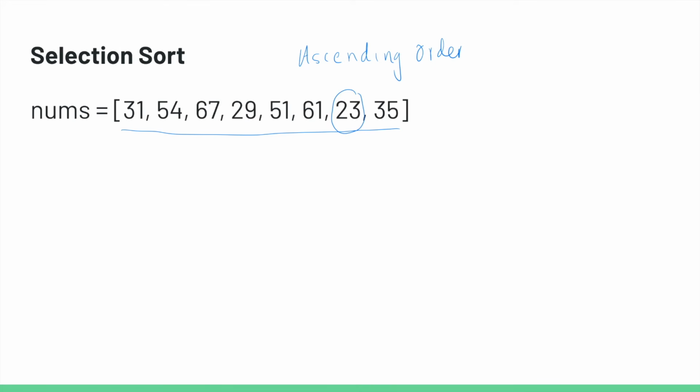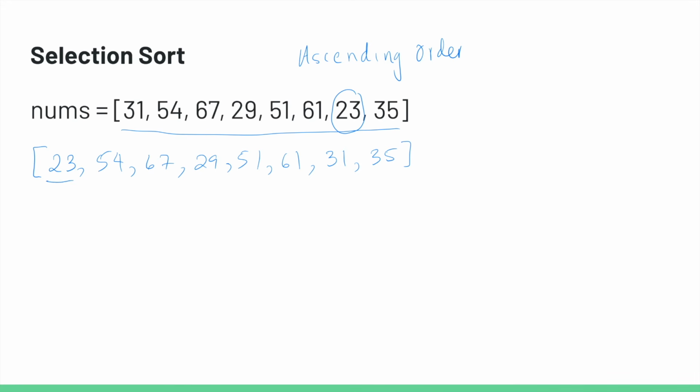So I'm going to swap that with the first element, the element at index 0. I'm going to end up with 23, 54, 67, 29, 51, 61, and 31, because 31 was at index 0, and then 35. So that was index 0.